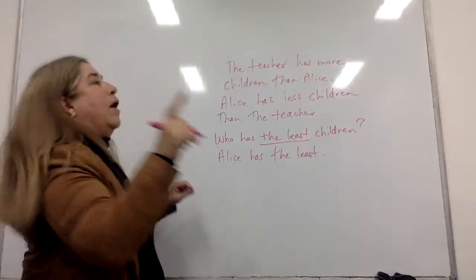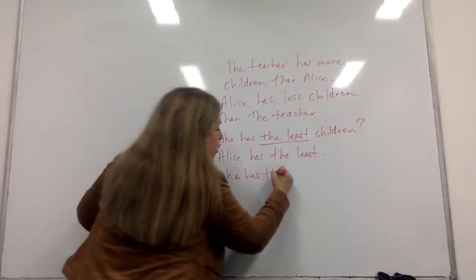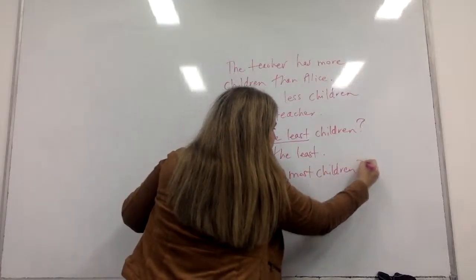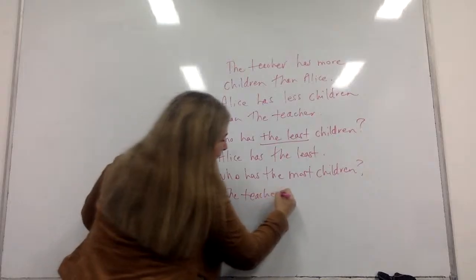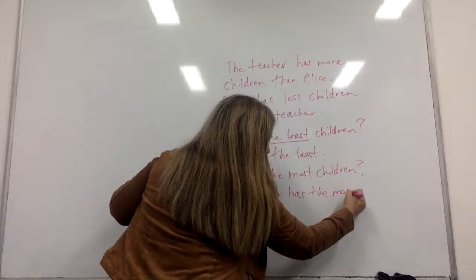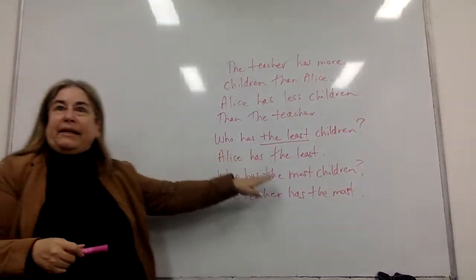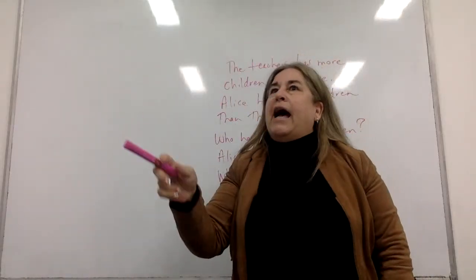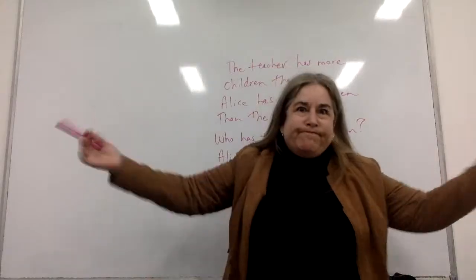Now, we could say who has the most children. In this case, it would be the teacher. Has the most. You see what I mean? So also you could say which city in Australia has the most immigrants?